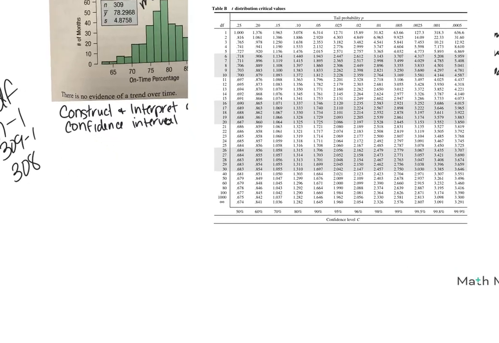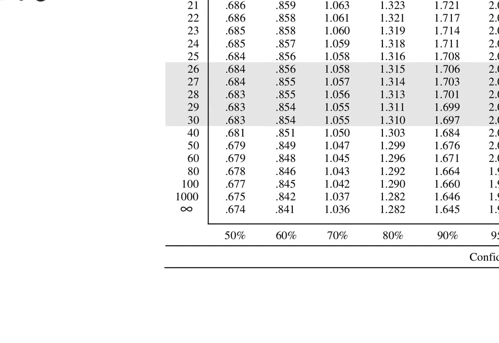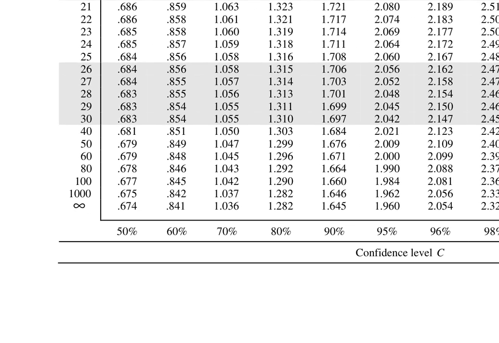Well, clearly my table doesn't go to 308. So we always round our degrees of freedom down to the next one in our table, so that would be 100. And I want 90% confidence, so there's 90%.